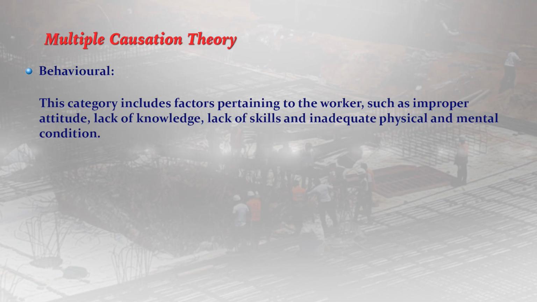Let us talk about first, behavioral. This category includes factors pertaining to the worker such as improper attitude, lack of knowledge, lack of skills and inadequate physical and mental condition. So all these factors we keep in the behavioral category that may be responsible for unsafe acts and accidents.